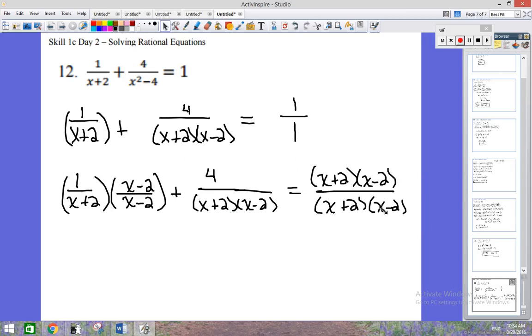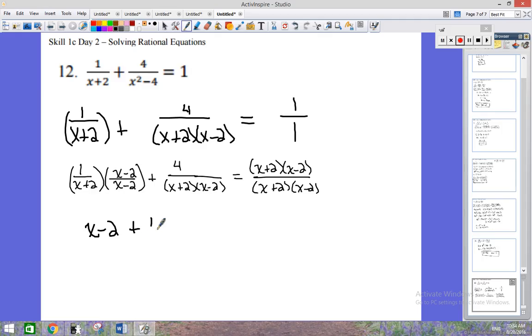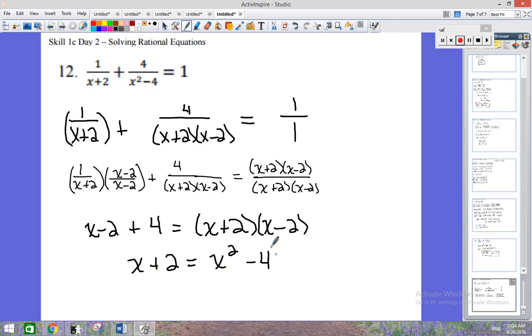They are common, and by multiplying every term by that common denominator, which is least in terms of exponents, I get x minus 2 in the numerator, 4 in the numerator, and over here I multiply x plus 2 times x minus 2. So I have x plus 2, x squared minus 4, a quadratic equation. Let's get it in standard form.